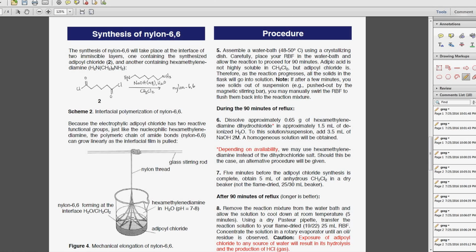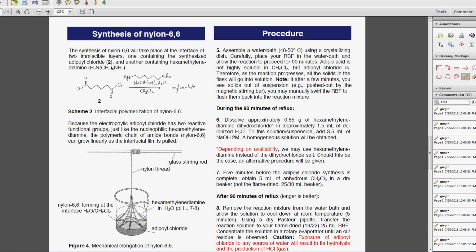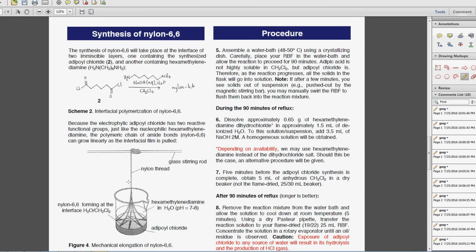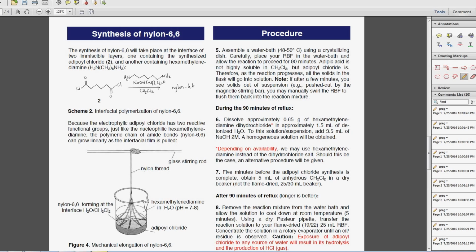As we pull up this thin film, you will keep on making a nylon thread at the interface of the aqueous and organic phase. So as we keep pulling this nylon thread up, the reaction will keep occurring until we exhaust all of our starting materials in this reaction.